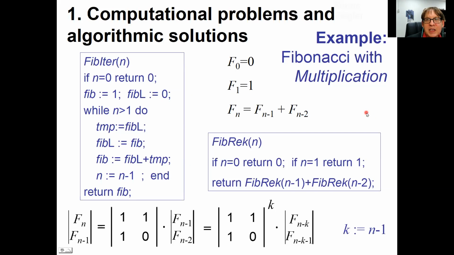Okay, so to summarize, this slide now already has our third algorithm for computing Fibonacci numbers, using the first two algorithms improved from exponential to a linear or polynomial number of additions.